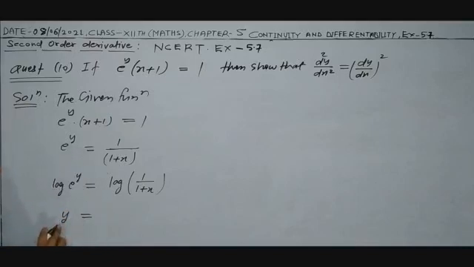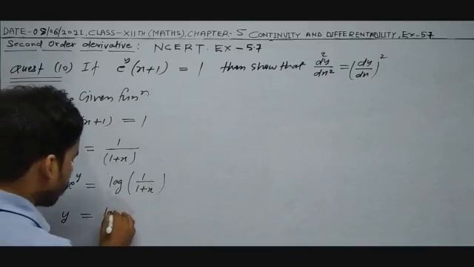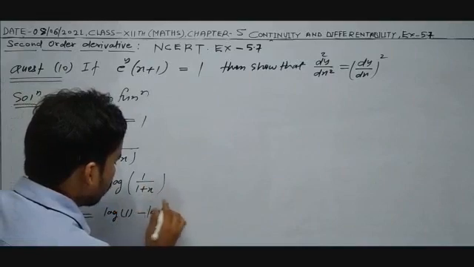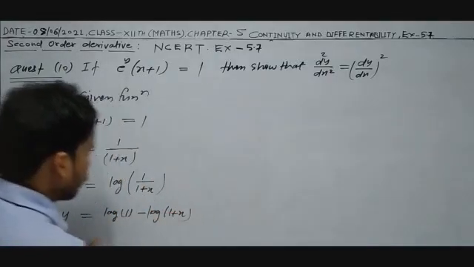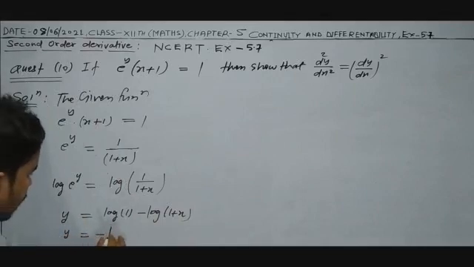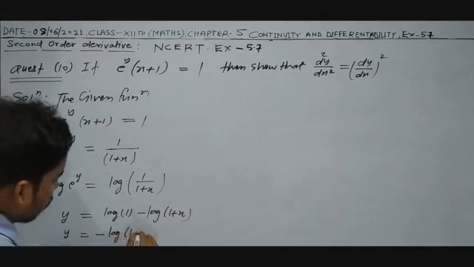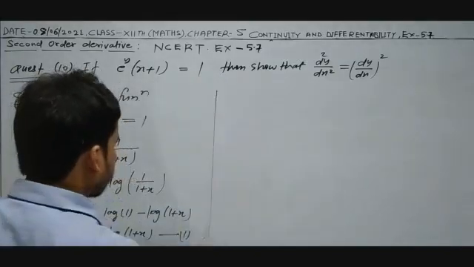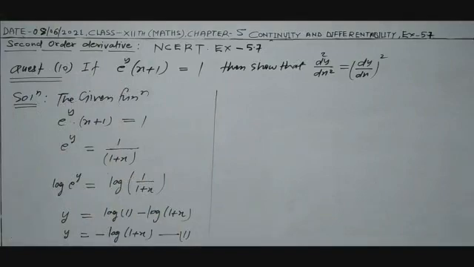So this value will be equal to y, and this is log of 1 upon 1 plus x, meaning log 1 minus log of 1 plus x, and you know log 1 is 0, so y is equal to minus log of 1 plus x. Consider this equation 1.